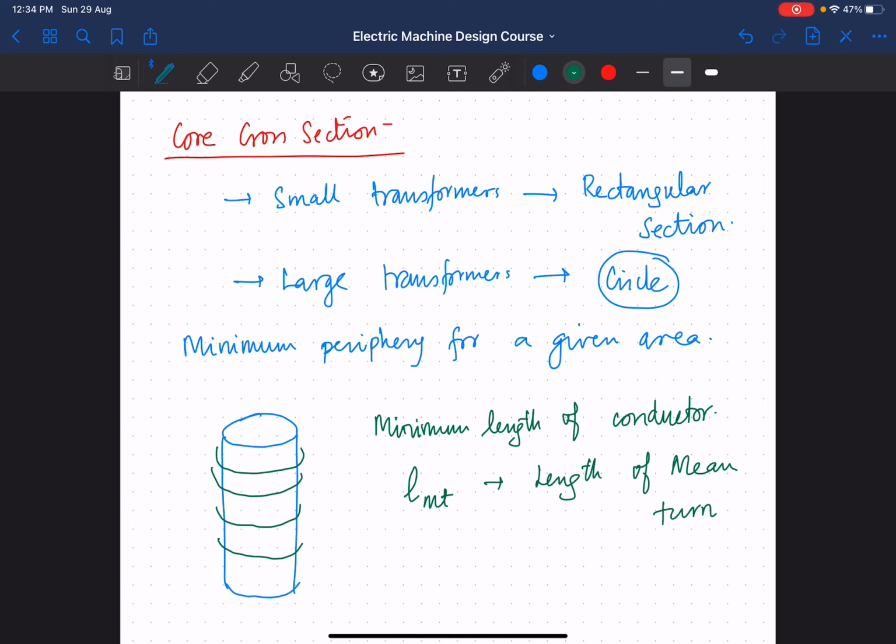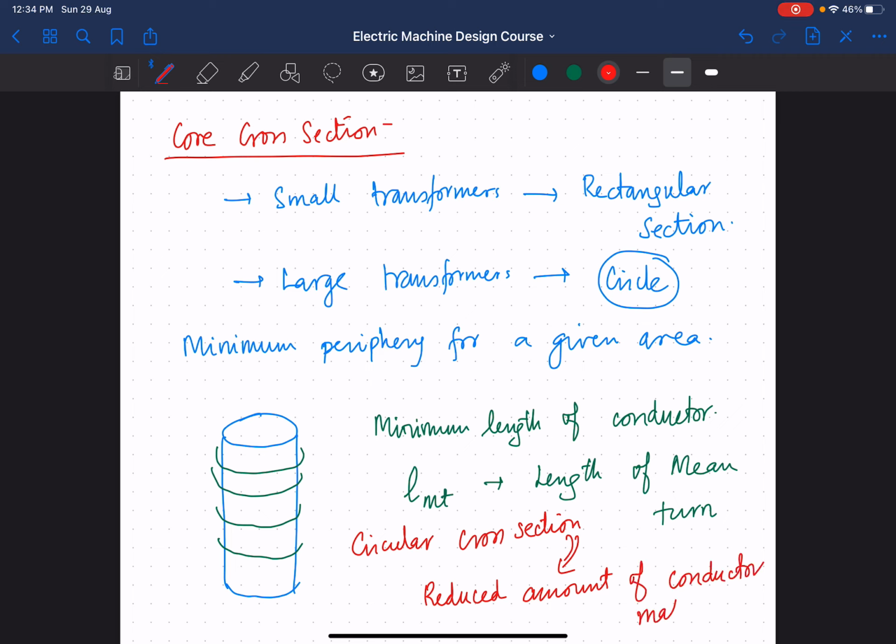All right. So a circular cross section results in a reduced amount of conductor material. If you have copper as the conductor, a reduced amount of copper will naturally bring down the capital cost of the transformer, right?